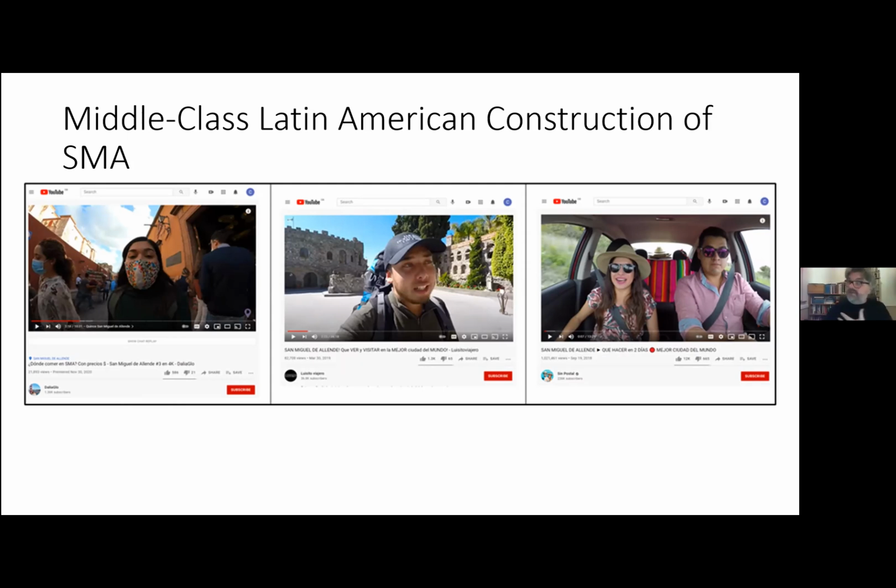Some of them note that it's quite expensive. Some, for example the couple on the right, were budget travelers. They were staying in cheaper hotels. The woman on the left with her friend had lots and lots of money, went to the most expensive restaurants, and so forth. So they're kind of taking pleasure in this city.